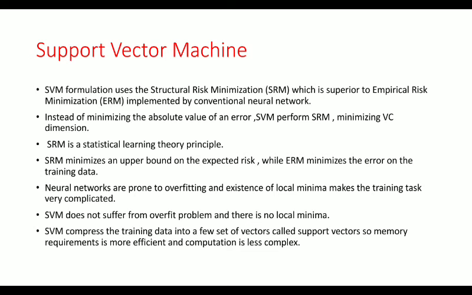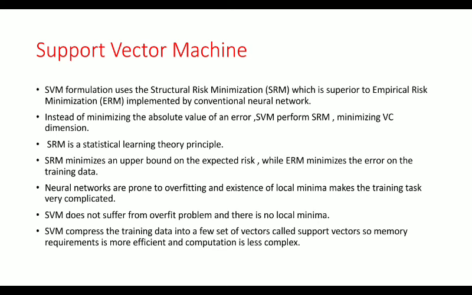With neural networks, there is a problem of overfitting, and there exist local minima because of gradient descent. In the backpropagation network, we use gradient descent concepts, so local minima and overfitting exist. But in the support vector machine, there is no local minima and no overfitting problem. That's why this is a better process to classify the classes.